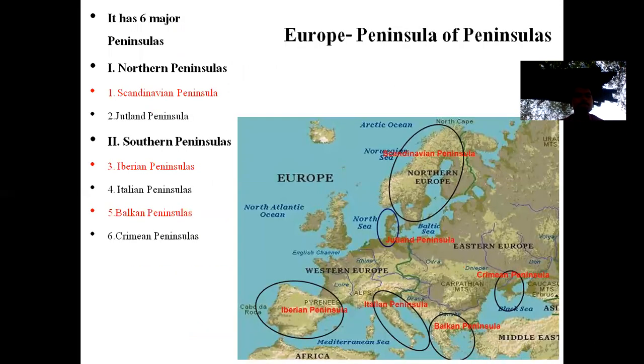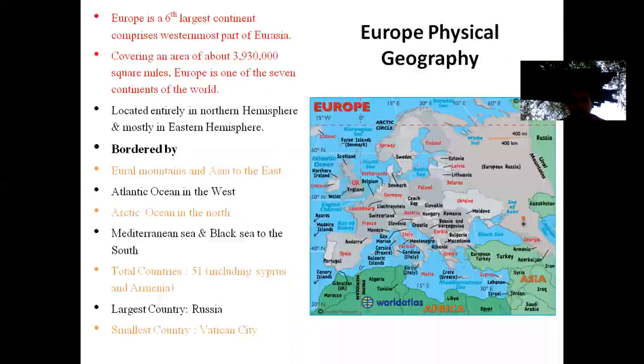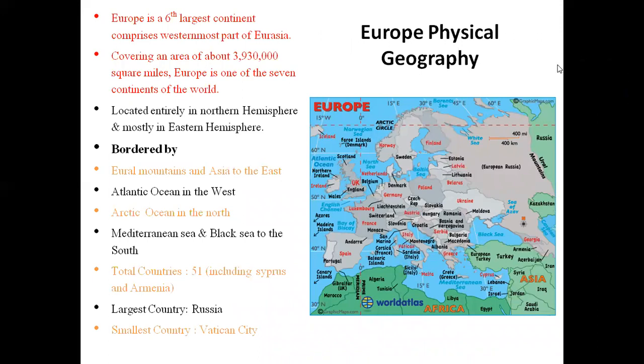Here we will talk about why Europe has the nickname Peninsula of Peninsulas. When you see this map of Europe, you can see that Europe is covered by water on three sides, be it the northern side, the western side, or the southern side.